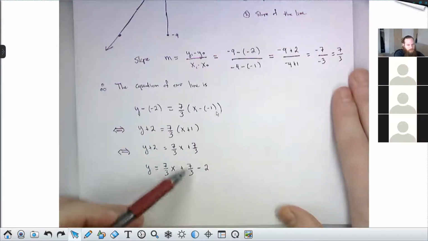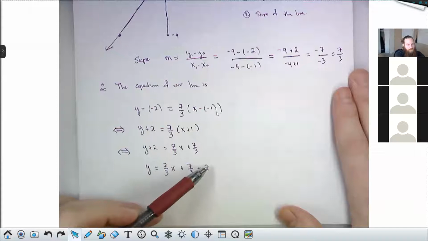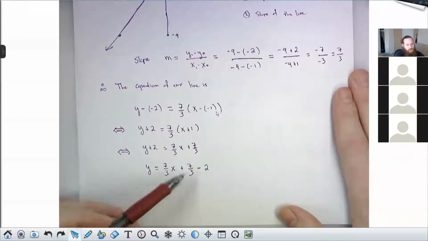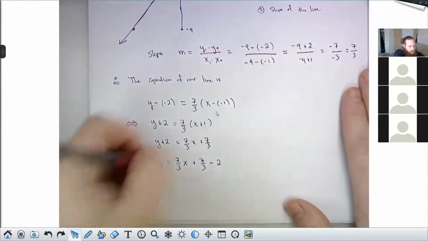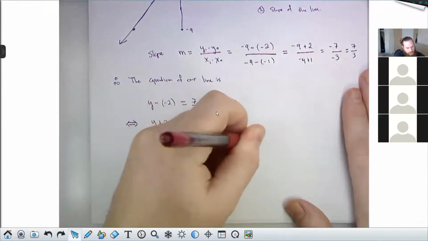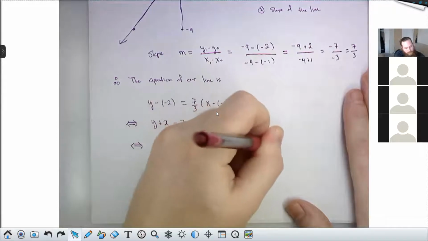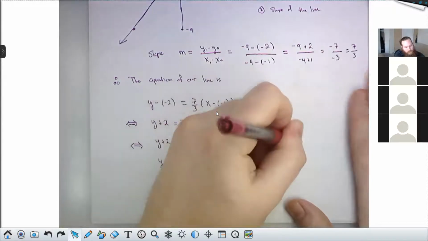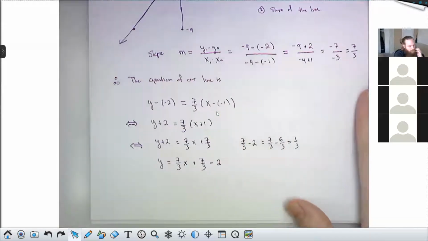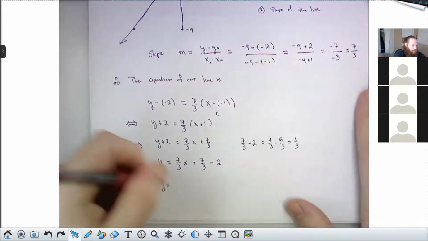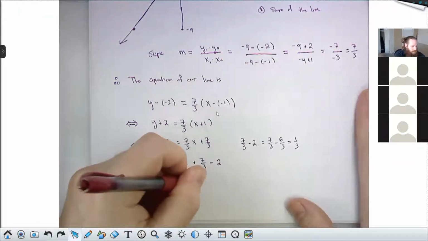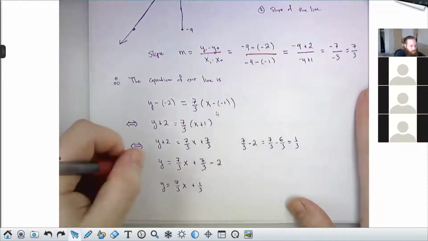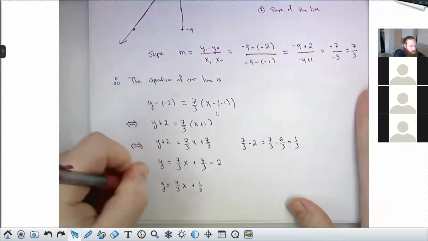So I need to combine these two fellows. So I have to write 2 as a fraction whose denominator is 3 in order to get a common denominator with this. So I can write 2 as 6/3. So 7/3 minus 2 is the same as 7/3 minus 6/3, which is positive 1/3. So this is y equals 7/3 x plus 1/3, if you wanted it in that slope intercept form.